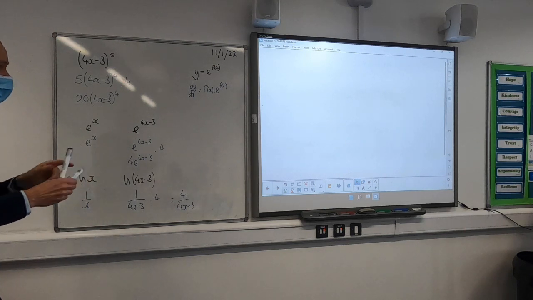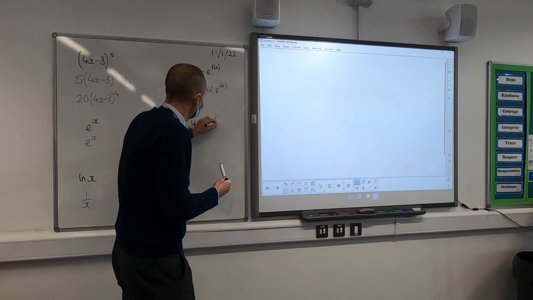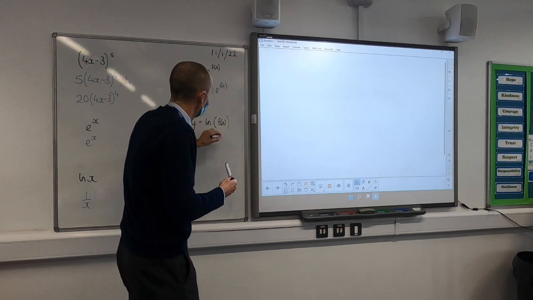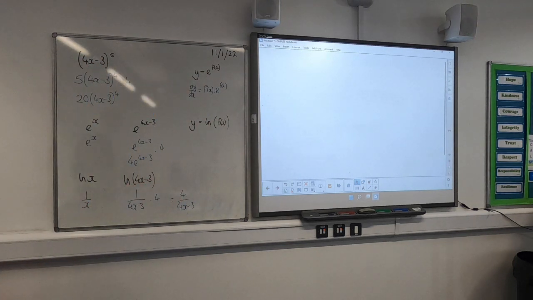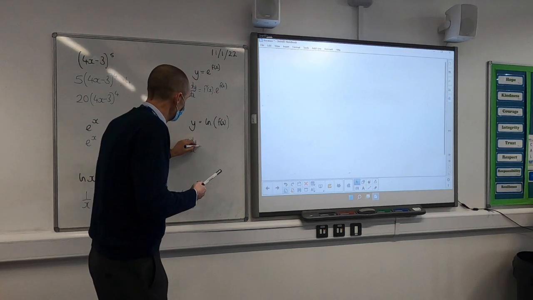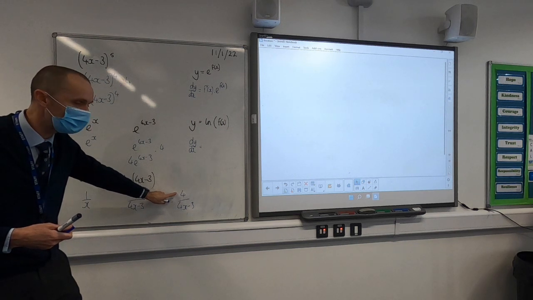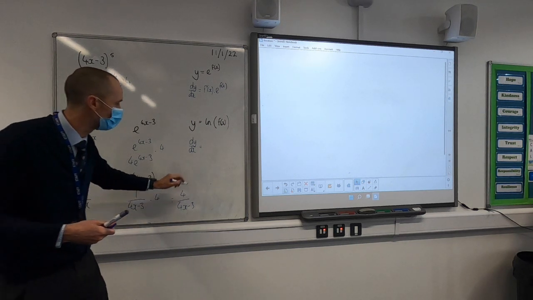And for these log ones, if you've got y is equal to the log ln of some function of x, then dy by dx, well, if I just skip to the end, you end up with what you get when you differentiate the bracket over the bracket itself.